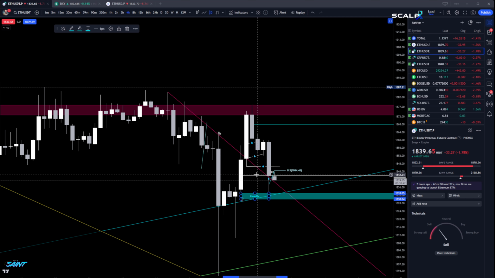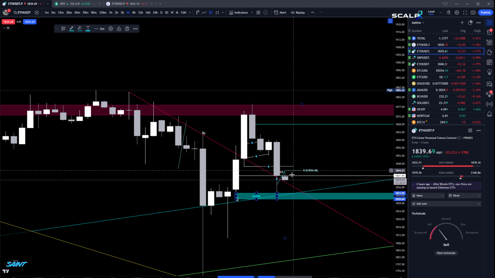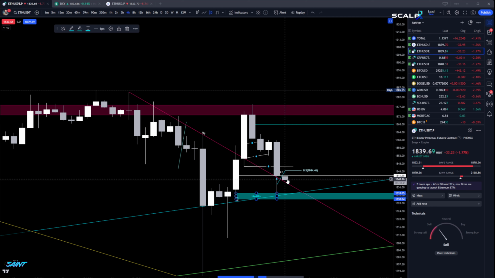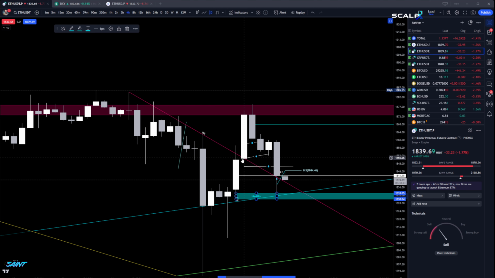Technically this didn't break structure on a 4 hour. We didn't make a new low. This candle right here would have to have come underneath this 30 and then close, and then we would have had a break of structure. So from here, this was a change of character right in this area.